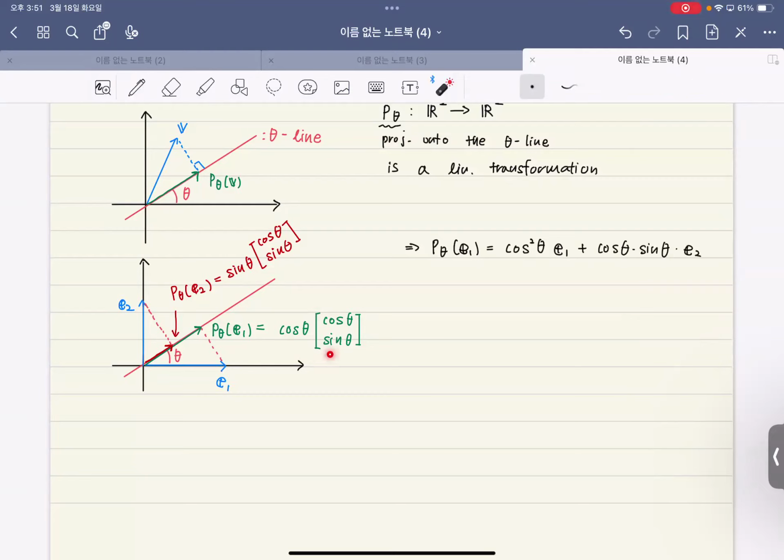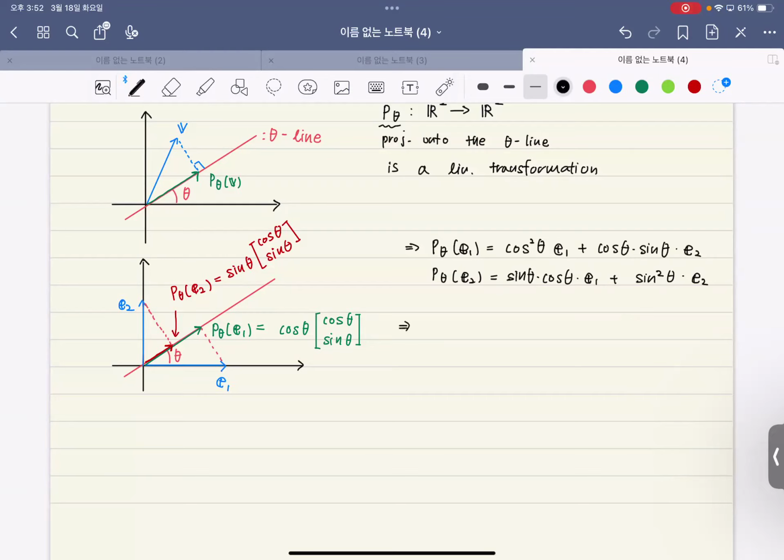So I am writing this down as a linear combination of E1 and E2. And for P theta of E2, this is sine times cosine times E1 plus sine squared times E2. Right?